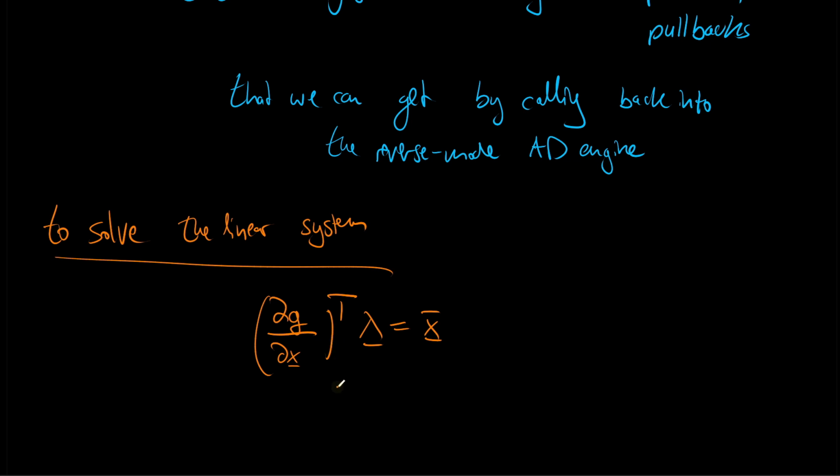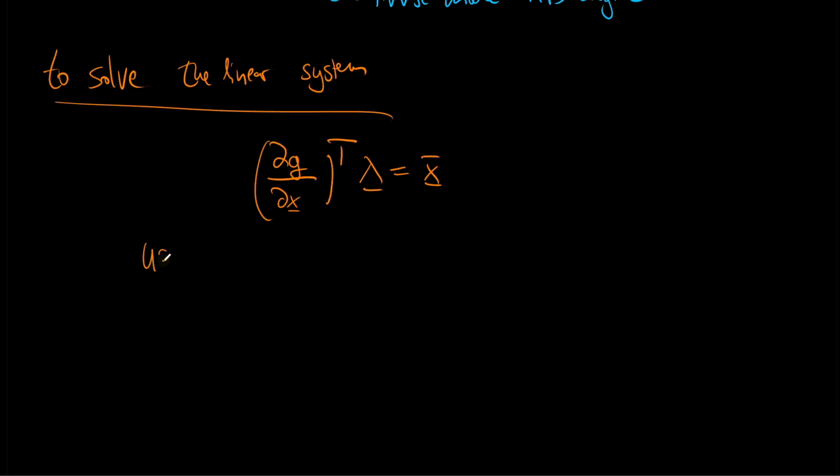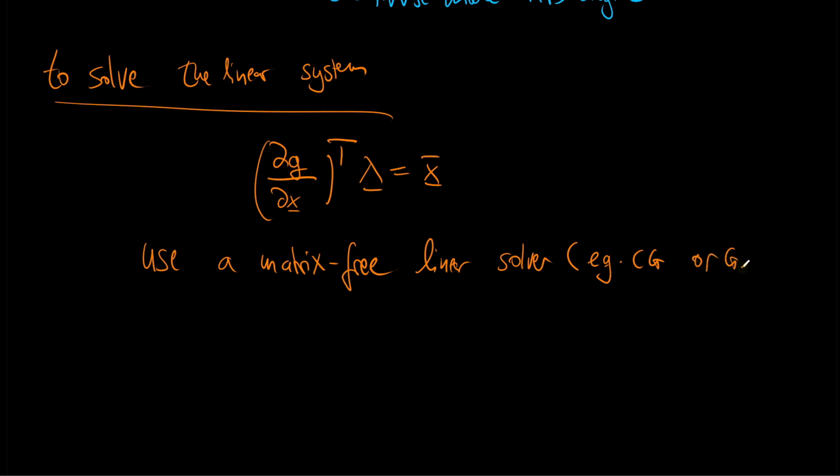So instead you could use a matrix-free linear solver, and there are a lot of options. Classical ones would be a conjugate gradient method if your Jacobian matrix is symmetric positive definite, or in general a GMRES method.